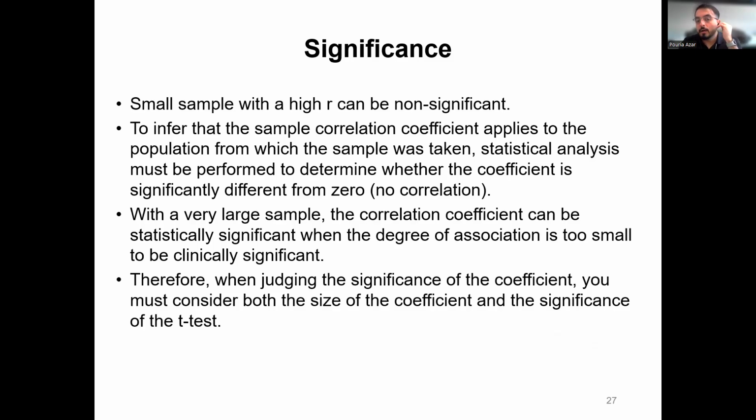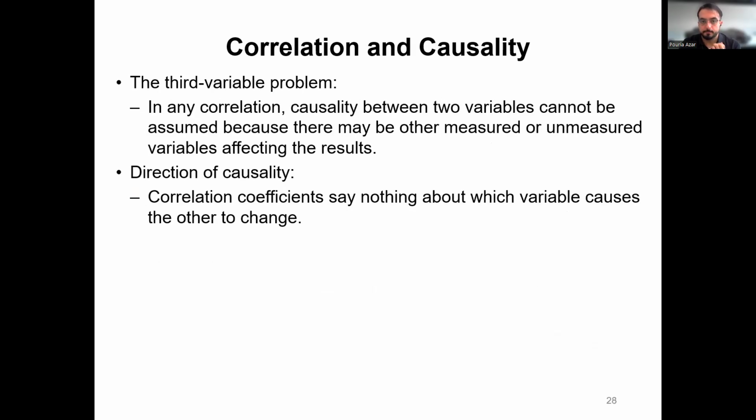And with a very large sample, the correlation coefficient can be statistically significant when the degree of association is too small to be clinically significant. Therefore, when judging the significance of the coefficient, Pearson's correlation coefficient or rho, we must consider both the size of the coefficient and the significance of the t-test.